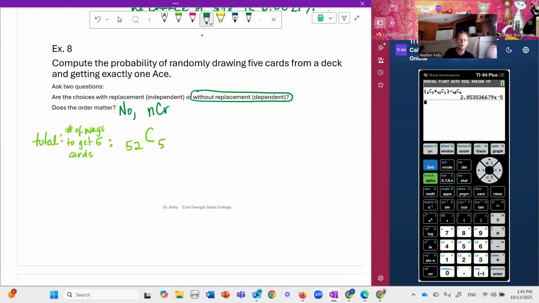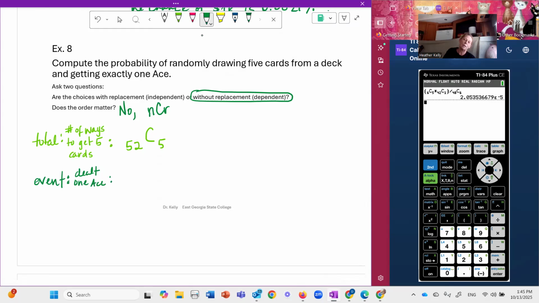Now, let's look at our event. Let's break it down. Our event is, of the 5 cards we draw, we get 1 ace. So our event is being dealt 1 ace.